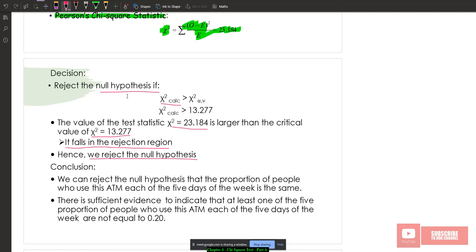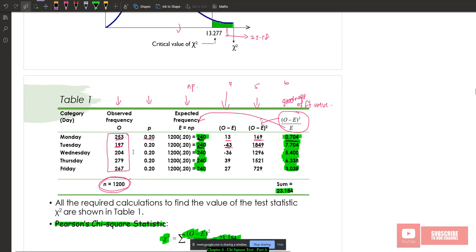So we have sufficient evidence to indicate that at least one of the 5 days is not the same, having either high or low transactions. To determine whether it has high or low transactions, we can use the observed frequency.